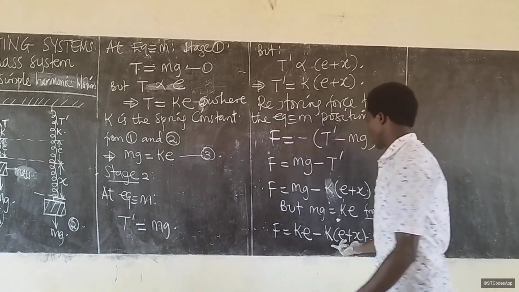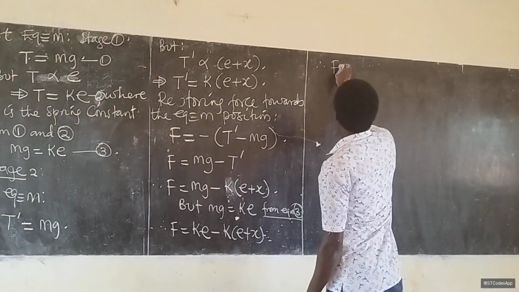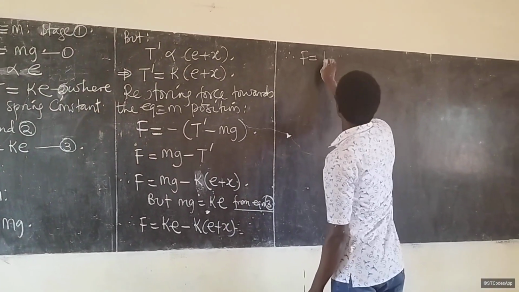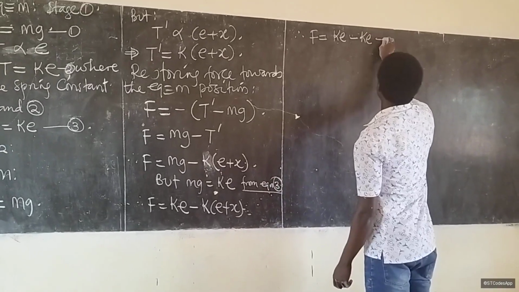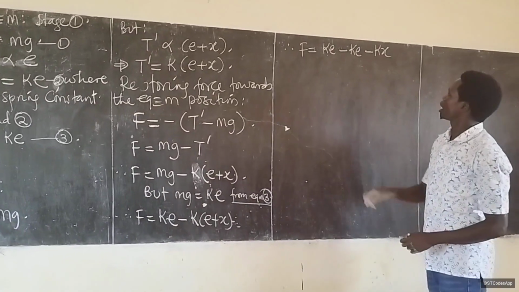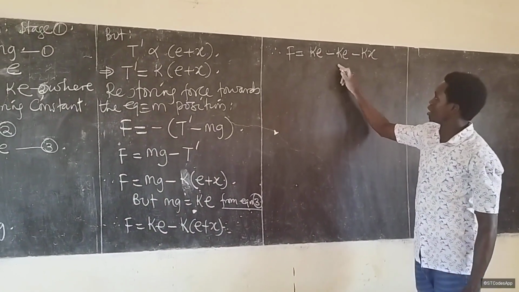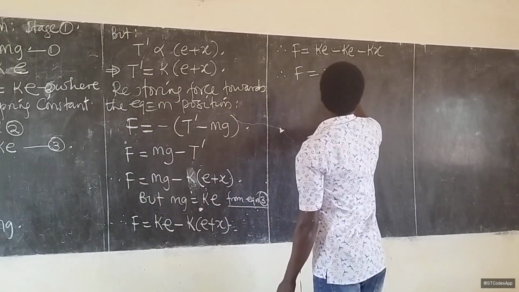I am going to open this out, and therefore I'll have that F is going to be ke minus ke, then minus kx alone again. So here you see ke and ke cancel themselves. Therefore, F is equal to negative kx.